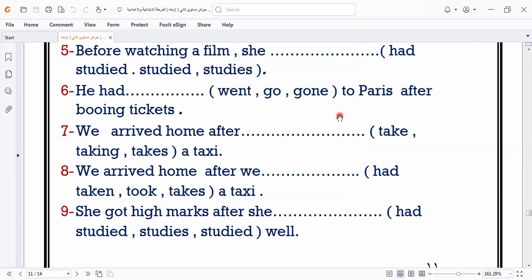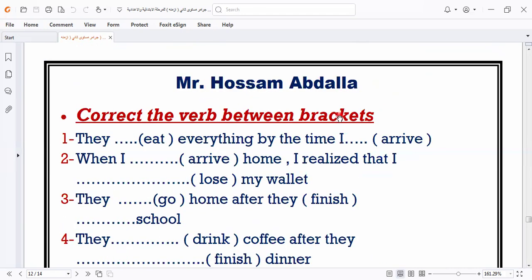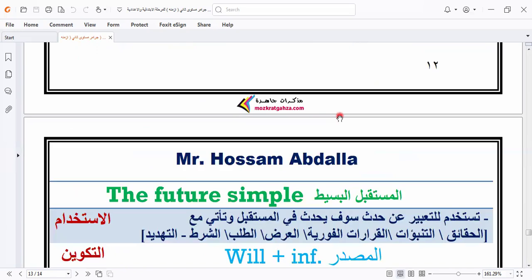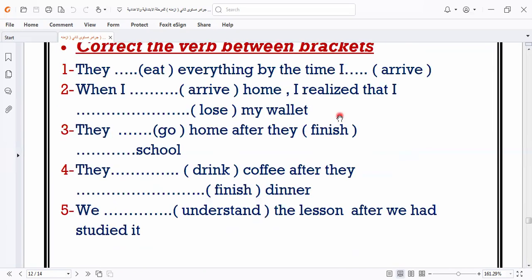Here you have when. So, when I arrived home, I realized that I lost my wallet.